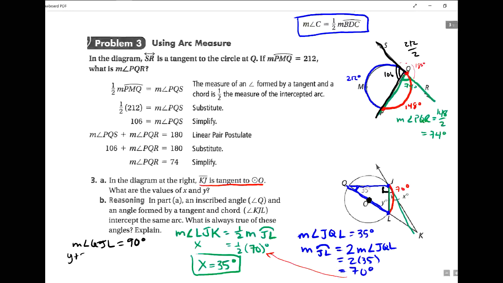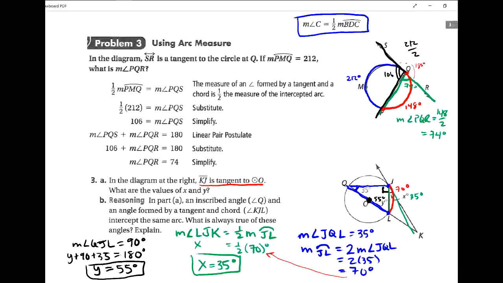And y plus 90 plus 35 is 180 degrees. And so y is 55 degrees. So I have found x and y. Y is 55 degrees and x is 35 degrees.